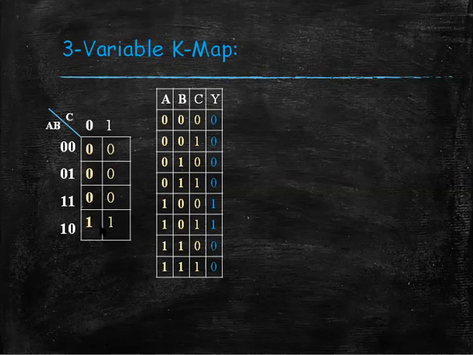Then we denote 1 here, and the remaining positions, let them be zeros. All the values except 4 and 5 are zeros. Looking at the K-map carefully, we can see that these two ones form a pair.